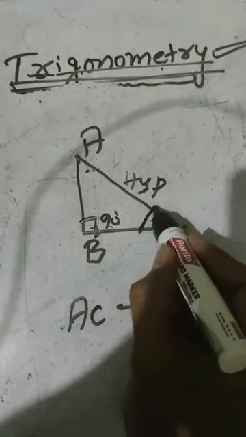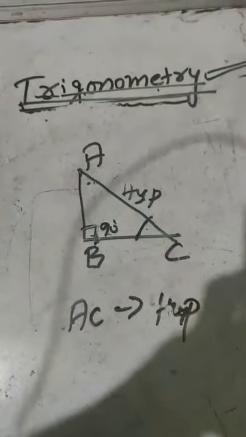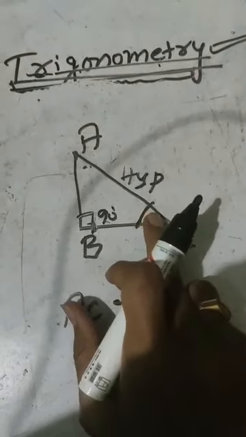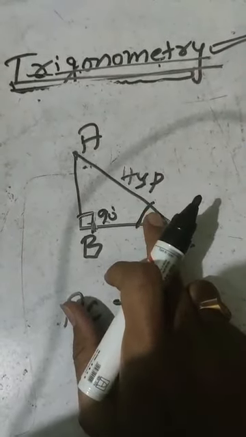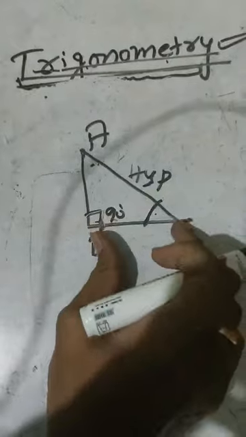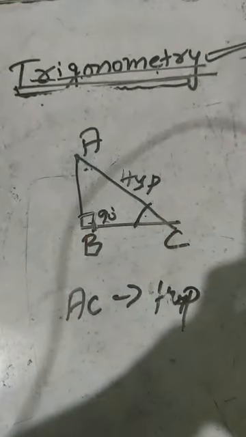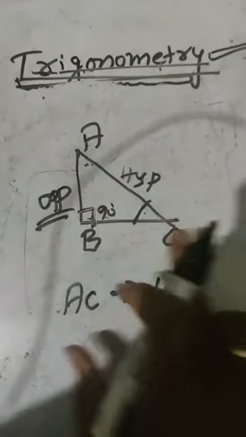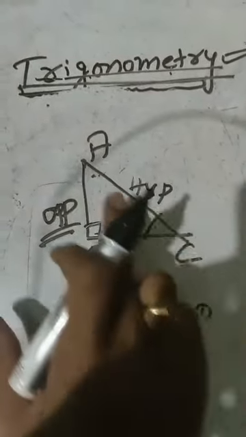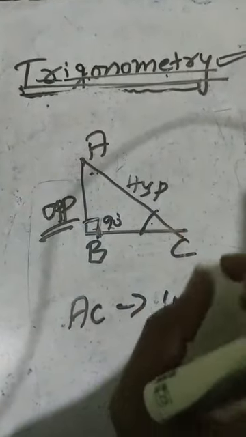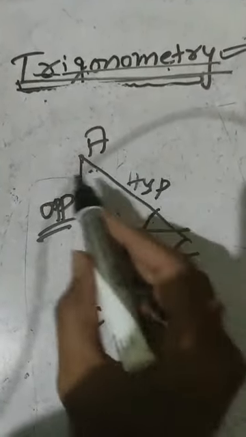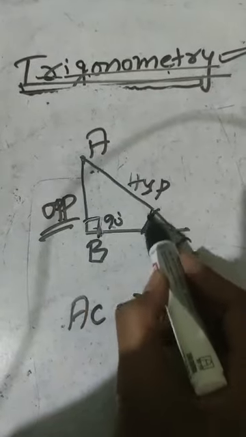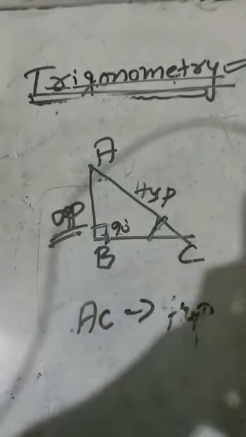I can mark any one of the angles. Here I mark angle C. Then the remaining two sides are AB and BC. According to trigonometry, we name AB as opposite. What is meant by opposite? We mark any one of the acute angles, and the side opposite to the marked angle is called opposite.